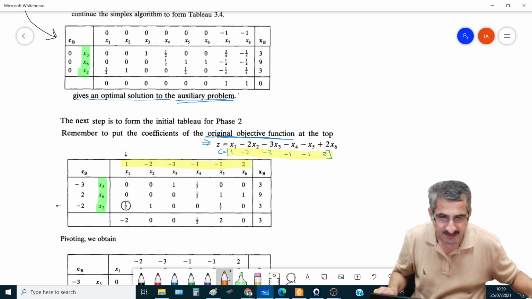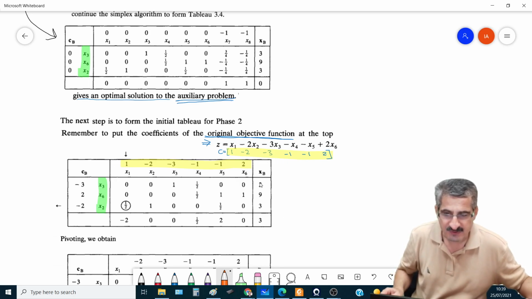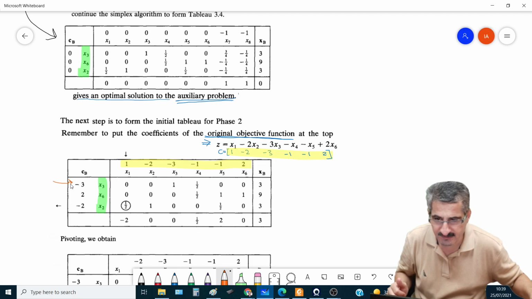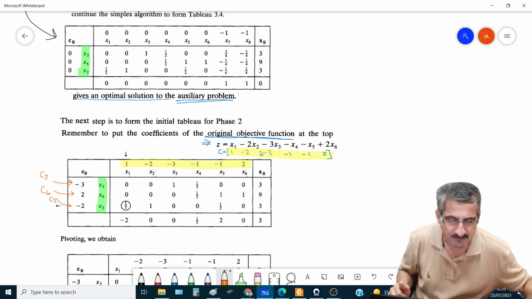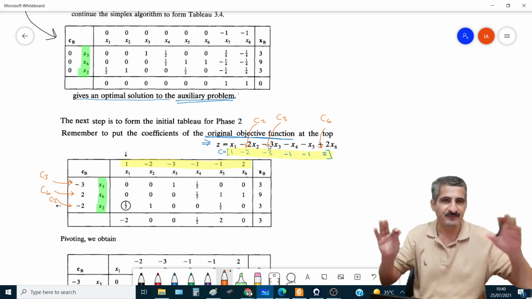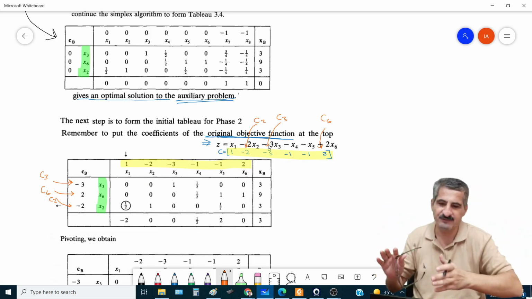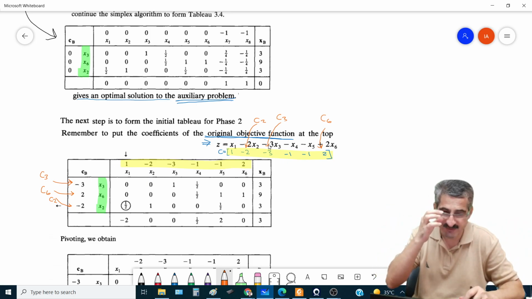So we will take the coefficients C3, C6, and C2. C2 is this, C3 is this, and C6 is that. Okay, good. So we added the vector of the basic variables.